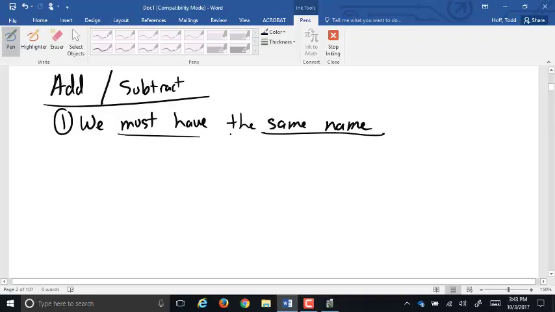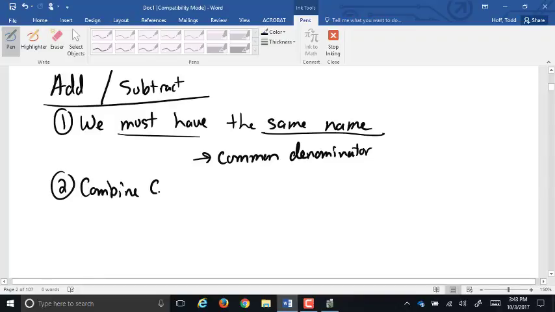For fractions, that becomes that common denominator that we've mentioned. Now, we always combine the counts when we do operations with numbers, but we keep the same name.